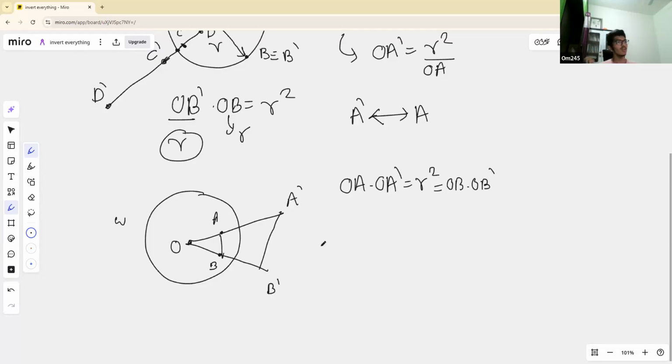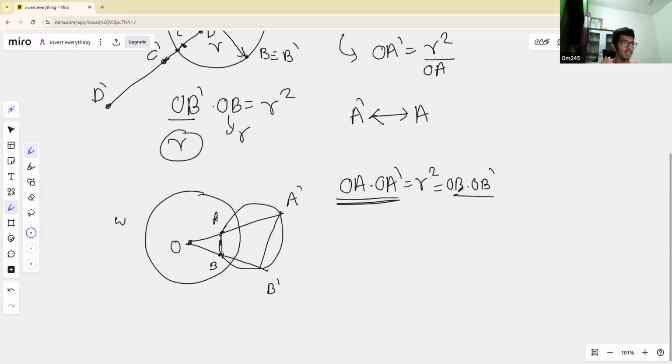If you remember power of a point, this is basically power of a point: from point O, the power is equal on both sides. So just by the converse of power of a point, we get that A, B, B dash, A dash is cyclic. Everyone clear with this?